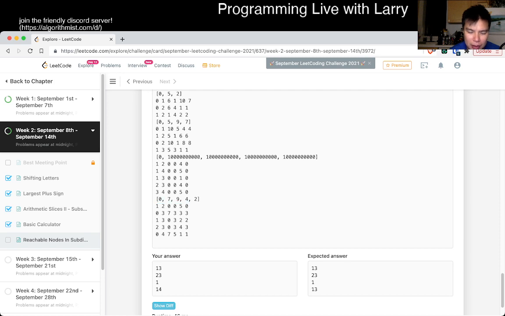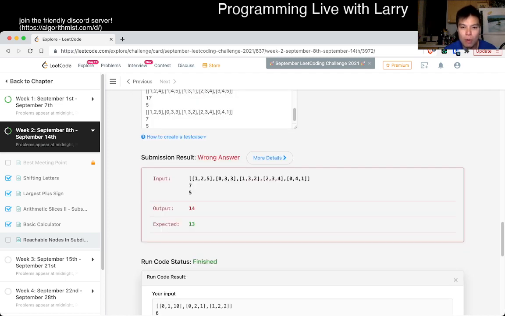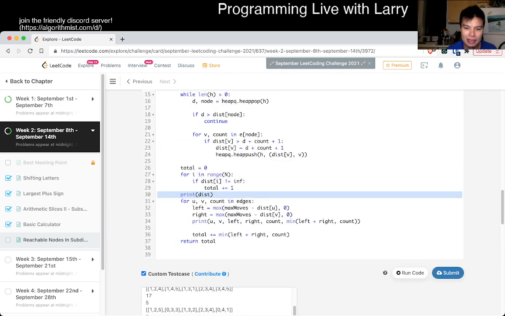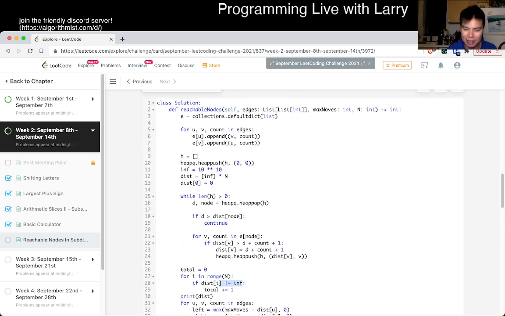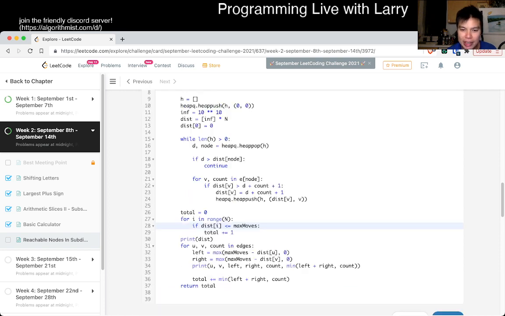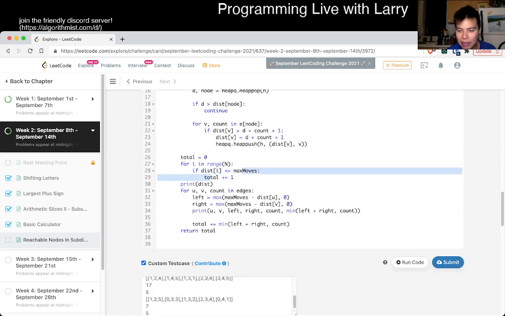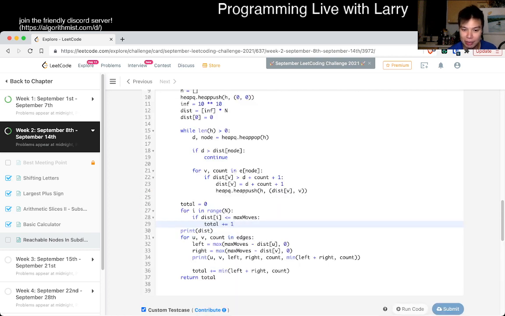Okay, so then here we have 6, 8, 9. Oh, I know. I was actually thinking about it when I was coding it, but then I got distracted by the infinity. So we only count these nodes if, obviously, we can get there.